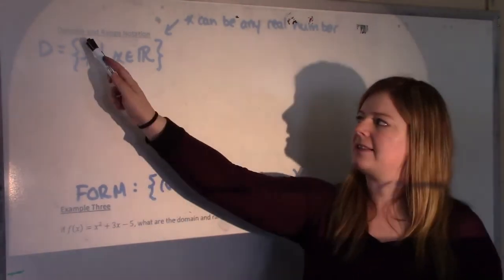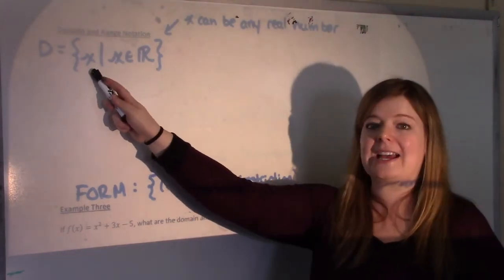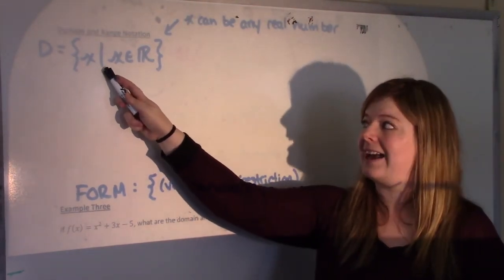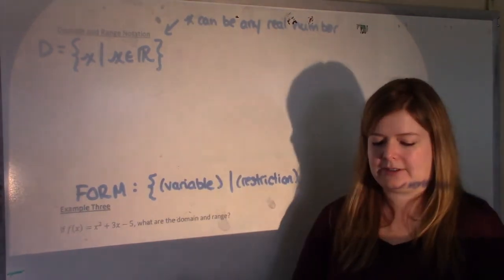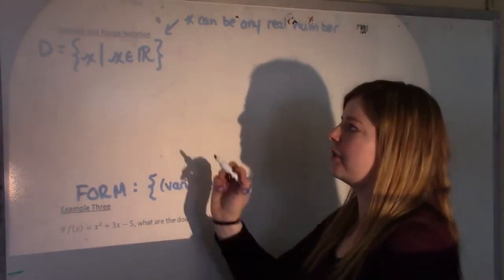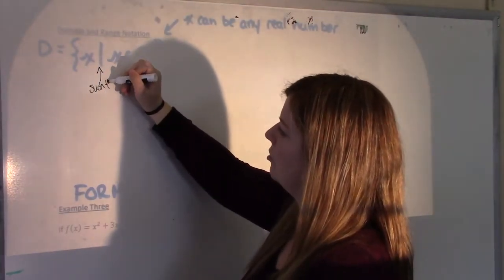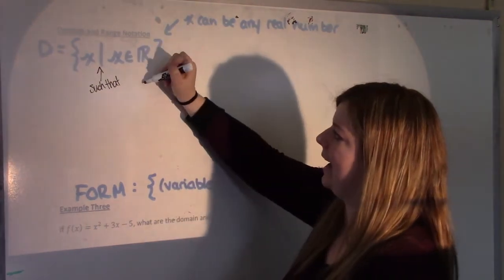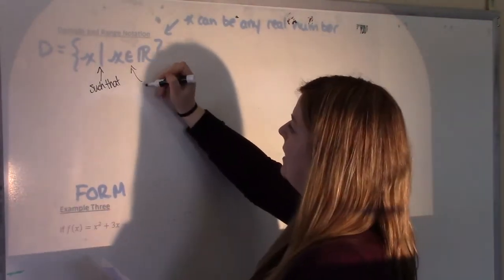So this is the set notation, these curly brackets. So it's the set of all x values such that x is in the set of all real numbers, okay? So this vertical line just means such that. And this kind of curvy E means in the set of.